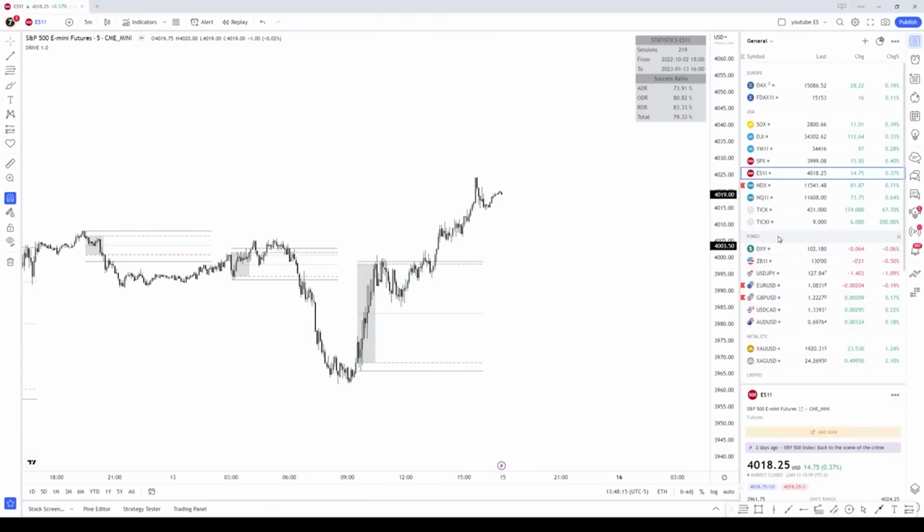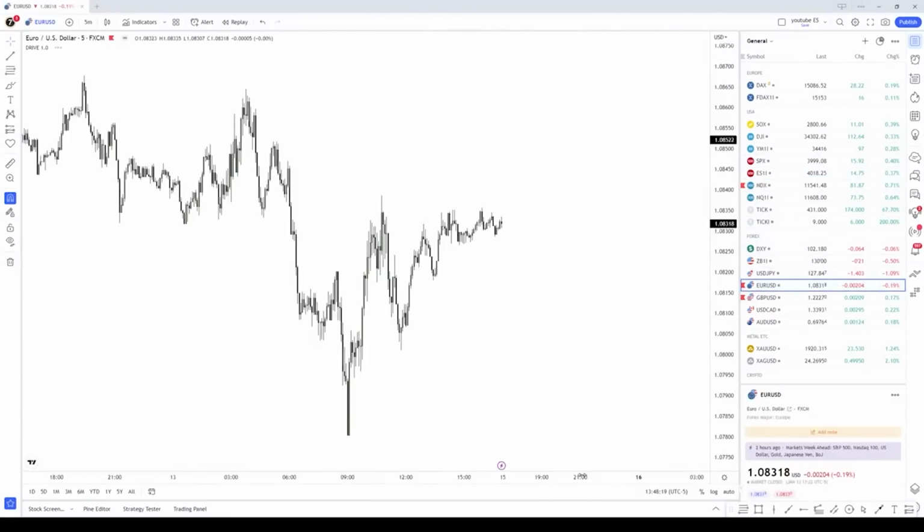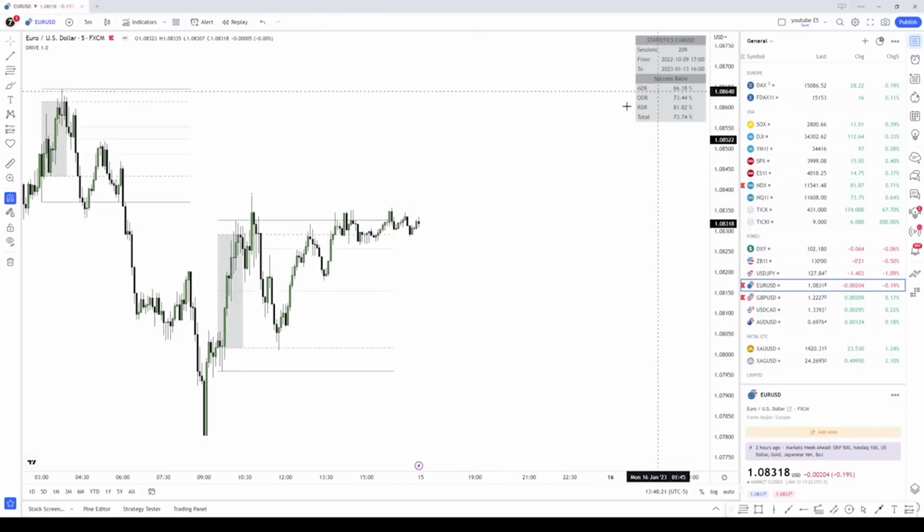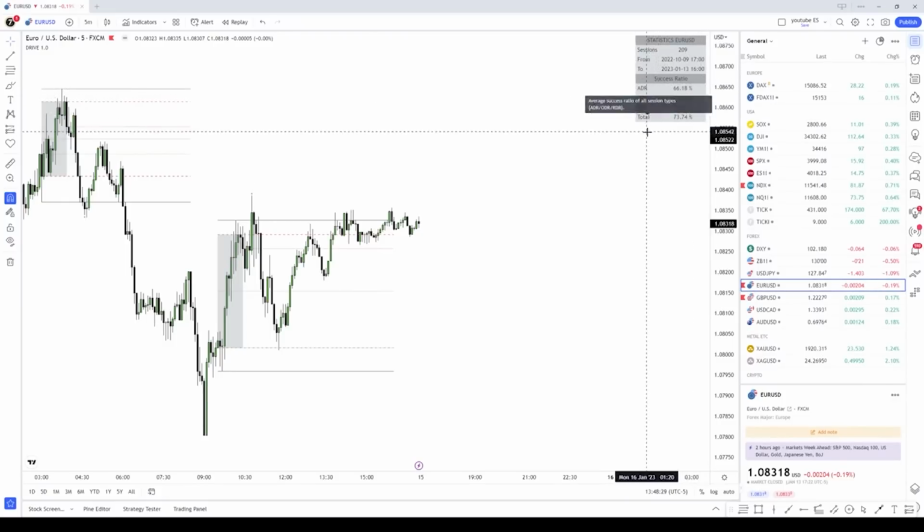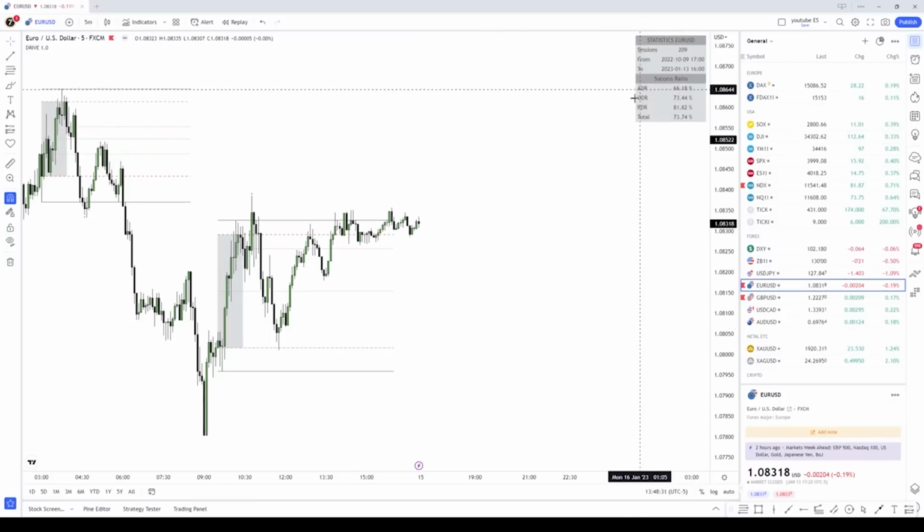Everybody was asking me already 100 times if I can switch easily to Euro USD. And I can see the success rates for the last 209 sessions. So ADR is definitely the worst session to trade when you want to trade Euro US dollar. ODR seems okay. But if I want to trade Euro USD, I would fix myself on the RDR session, maybe ODR into RDR.